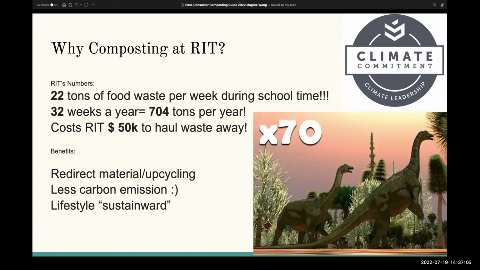And through this, we would lessen our carbon emissions. So that will help with RIT's goal of reaching carbon neutral by 2030. And when we talk about the community learning about composting and actually doing it, it's a great way to shift our lifestyles to a more sustainable way.